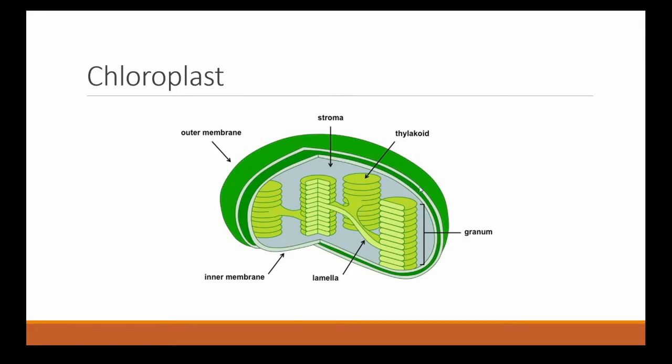And this thing is surrounded by a membrane. So the granum is basically a smaller capsule within this membrane-bound organelle. So you have these tiny little capsules that are also made up of membranes. So it's just like a membrane within a membrane, and they go up in stacks. Each individual one is called a thylakoid, and when they are stacked together like this, that's called a granum.